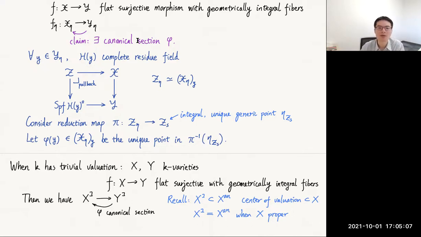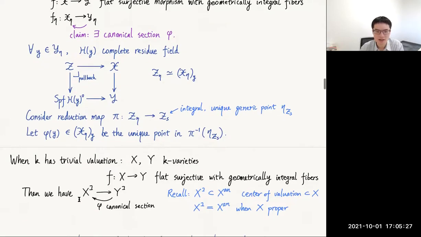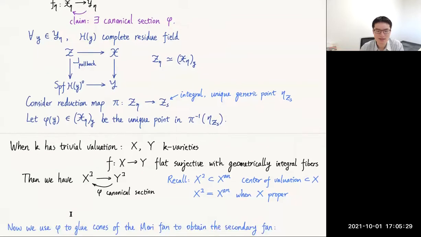If we apply the generic fiber formalism from before, we get a canonical section in this case too. It's a bit easier to state in the trivial valuation case, and this is the section that we take.